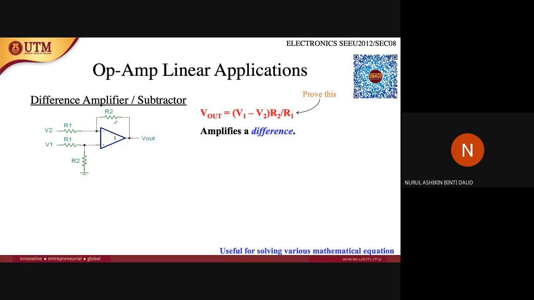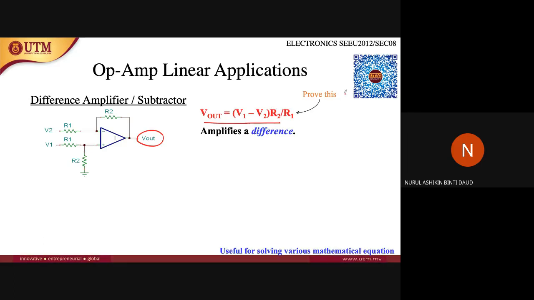This configuration is known as a difference amplifier, and the output voltage will be V output equals V1 minus V2, times R2 over R1.